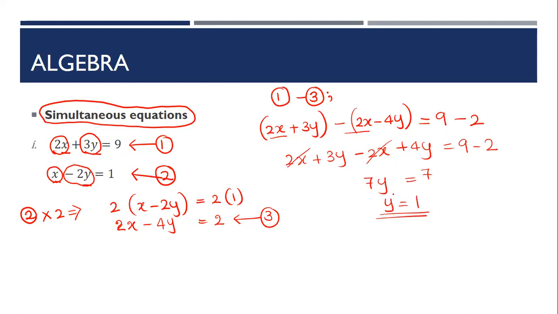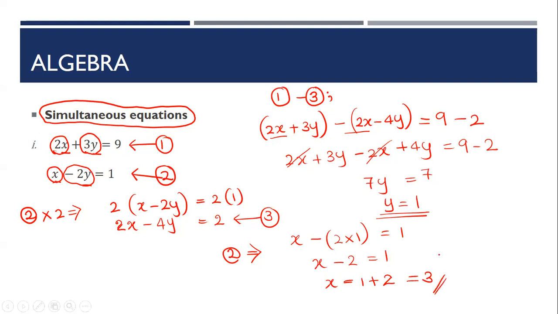So after getting the y value, we can apply it to equation 1 or 2. I'm applying it to the second one. So I consider my second equation, x minus 2y, where the y value is 1, equal to 1. So x minus 2 is 1. So x minus 2 going to the right side as plus 2, and 1 plus 2 is 3.